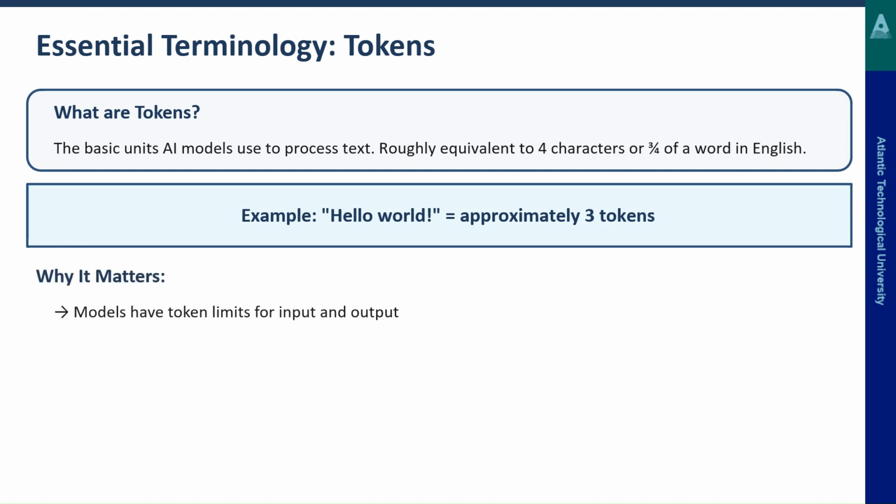So why does this matter? Well, we need to understand tokens because these models are limited on how many tokens they can process. For example, they will have limits for input and output, and we're going to look at why that matters as well. But it also costs money to process these tokens through one of these models.